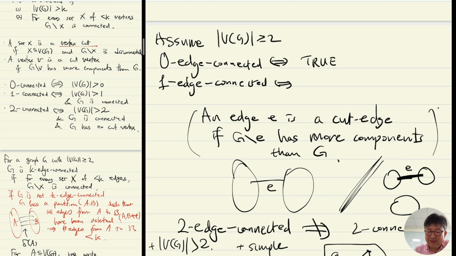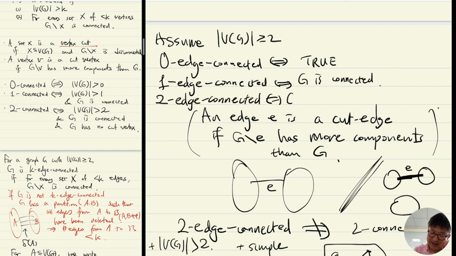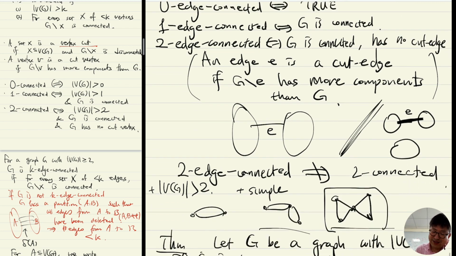And one edge connected: if you delete fewer than one edge, you have a connected graph, so G is connected. How about two edge connected graphs? Then G is connected, and if you delete one edge the graph is still connected, it has no cut edge. All right, now it makes more sense.